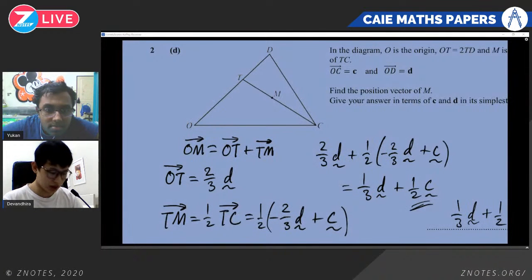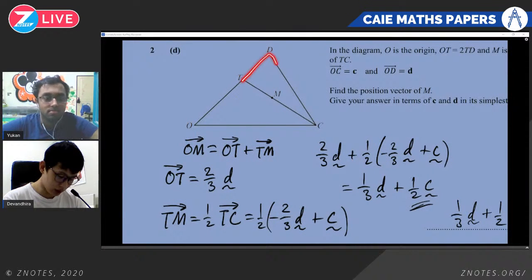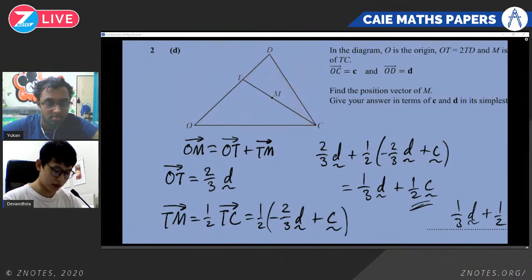How do we find TC? One way is that you can go to TD and DC, but we don't know what DC is, and that's going to make things hard. Instead, the easier route is you go back to O, so it's TO, then C. Well, we know what OC is. It's just C. Right, Yugan?